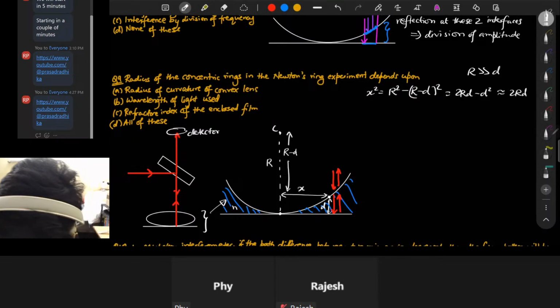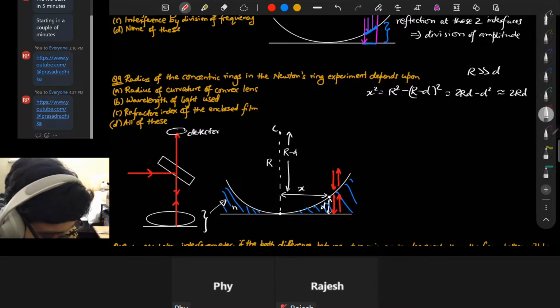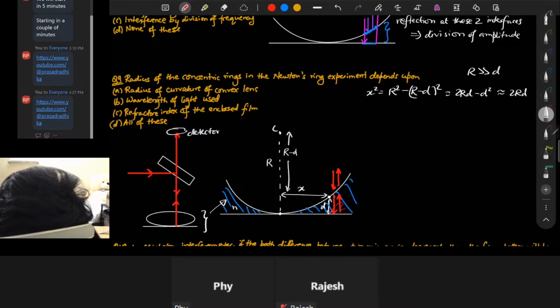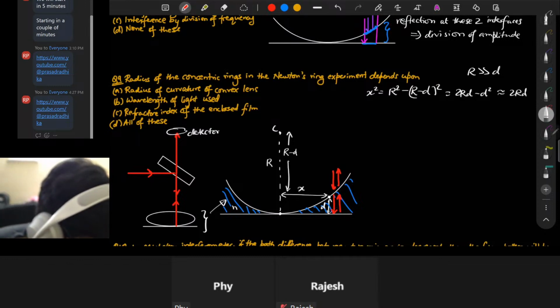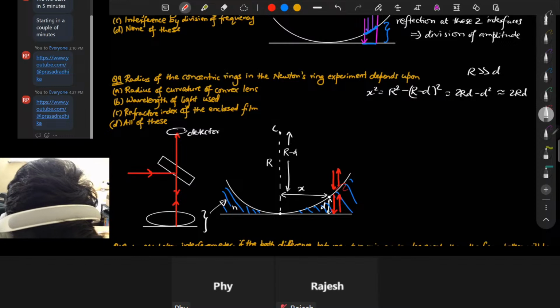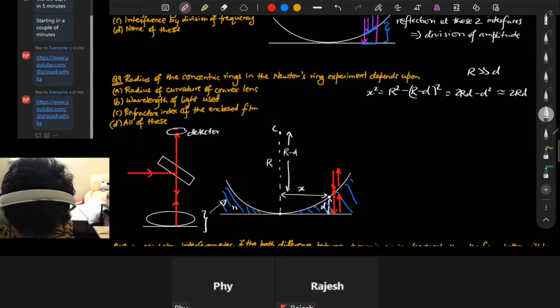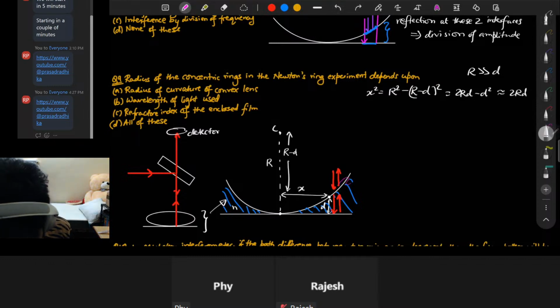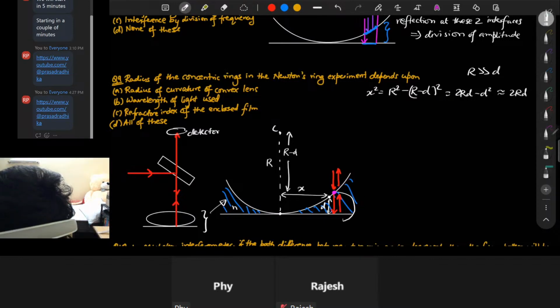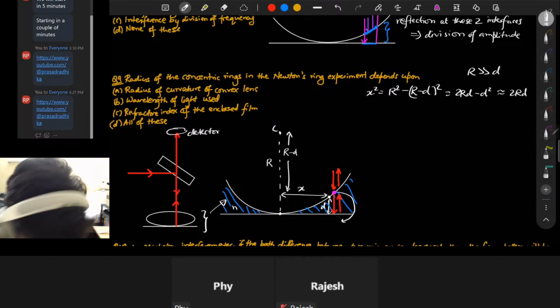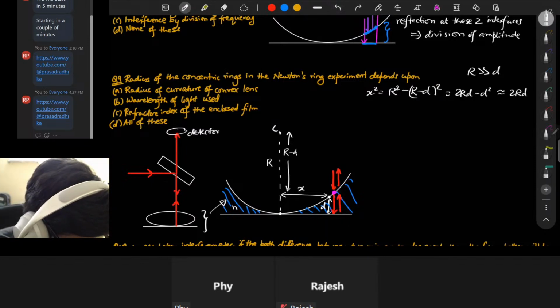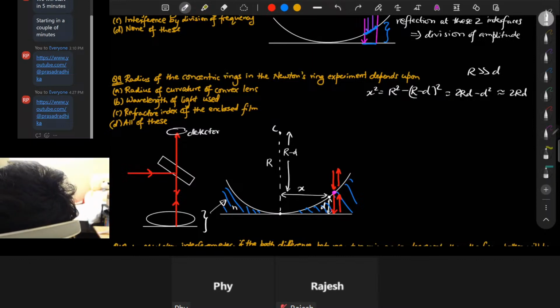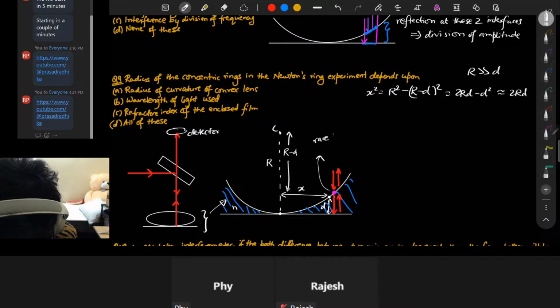Now, we need to write down the path difference. Before that, at this particular point, let me use a different color maybe. At this particular point, what you have is a rarer to denser interface. This interface is a rare to dense interface.